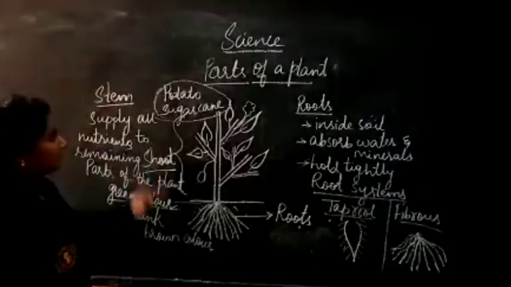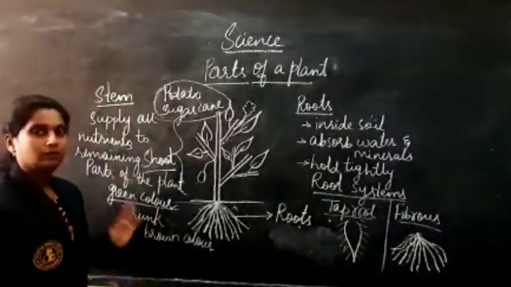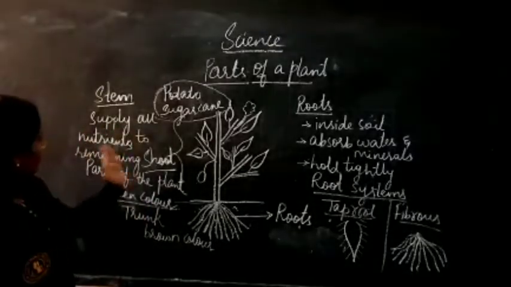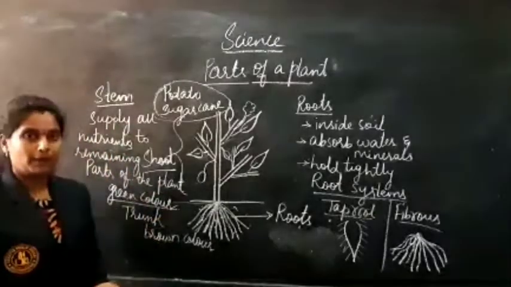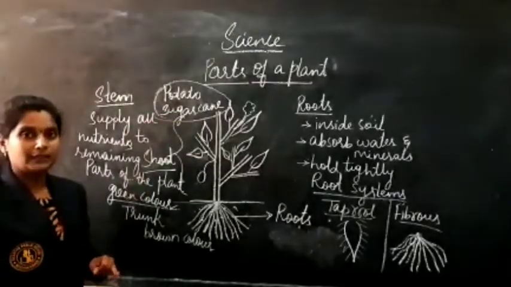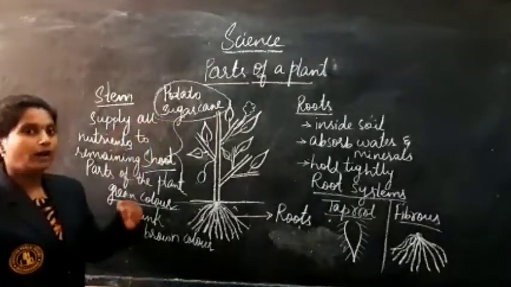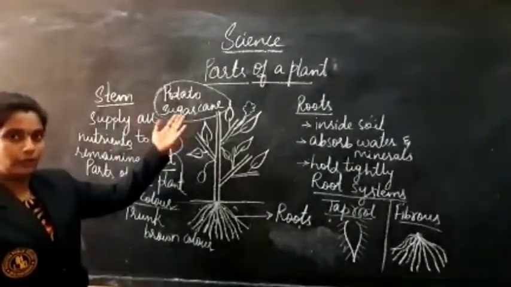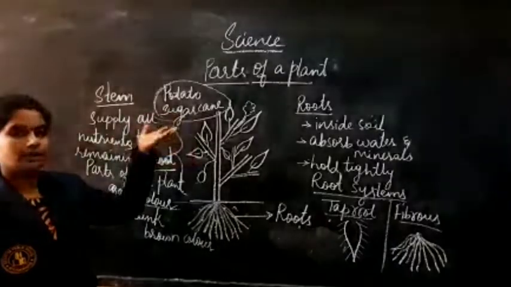Okay, in this way, stem is helping us: they will supply all nutrients to all parts of the plant, and they will be storing the food materials in them, and they will be underground or above ground, for example sugarcane.